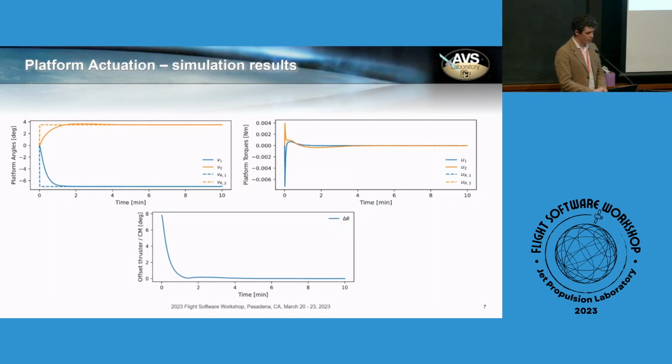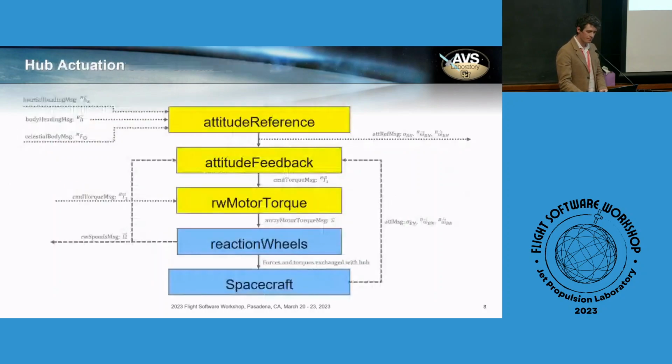The top right plot shows the torques fed to the dynamic component. We can obviously see that the torque is initially non-zero, and then it drops to 0 as we reach the target. More interestingly is the lower plot, which shows the offset between the thrust direction and the center of mass. So since we are trying to zero that offset, we can see that it's dropping to 0. So everything is working according to plans.